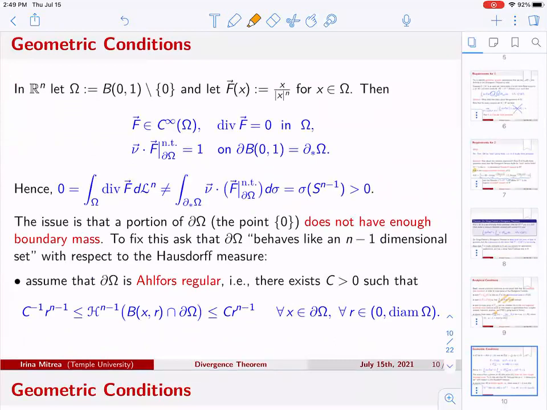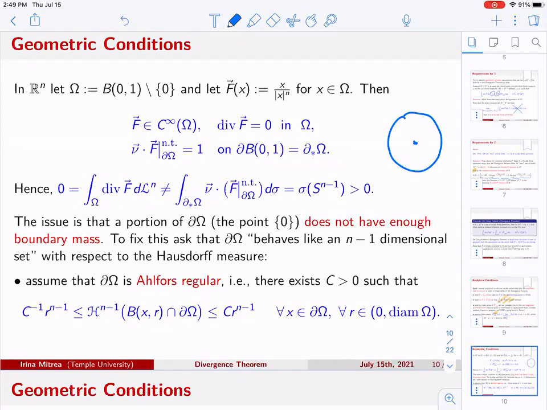So now let me walk you through some examples. Let me consider the situation where the domain omega is just the punctured unit ball. So that's the domain omega in here. And I'm considering the vector field F of X, which is X over the absolute value of X to the power N, where N is the dimension of the Euclidean space that we're in.